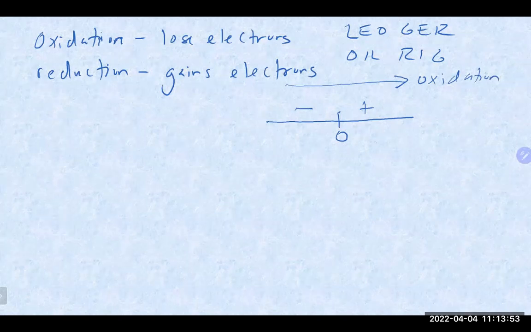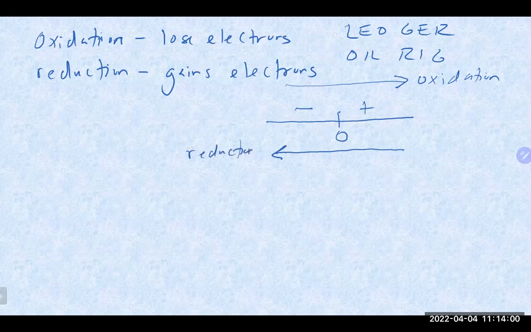So if you see somebody moving in this direction on the number line, they are going through reduction. That's a simple way to figure out what is going on, just by whichever way you're going. We can oftentimes do that by looking at the charges, or what is sometimes referred to more correctly as the oxidation states.